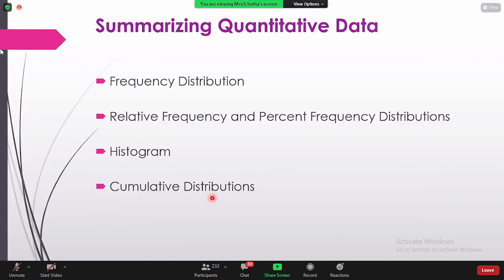Now we come to the quantitative data, summarizing the quantitative data, right? For quantitative data also, we can summarize using frequency distributions, relative frequency distribution or percent frequency distribution, as in the qualitative data. But when we look at the charts, we can choose histograms or cumulative distribution graphs to represent the quantitative data.